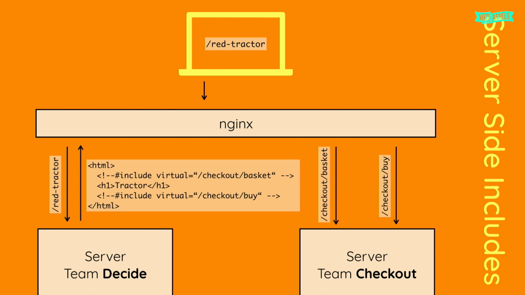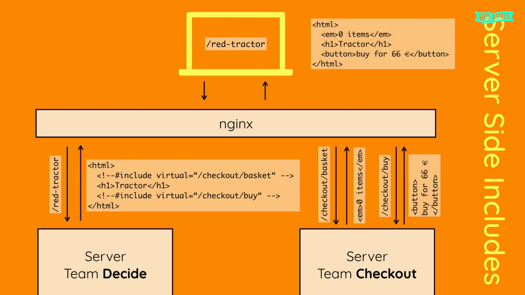The web server parses it and makes two calls to the checkout team for both components. So for the basket component and also for the buy button component. These requests are done in parallel. So when the response gets back from both fragments, the web server assembles this content and then delivers it to the browser.